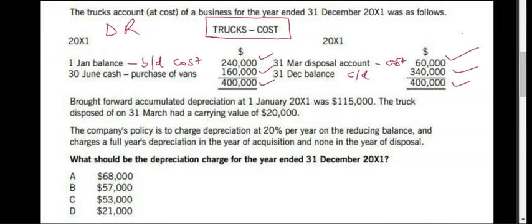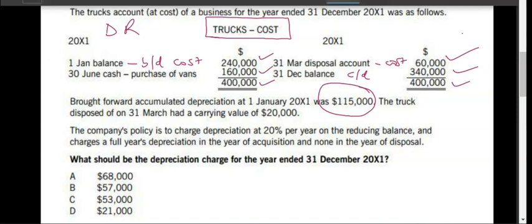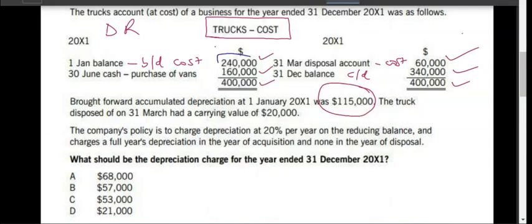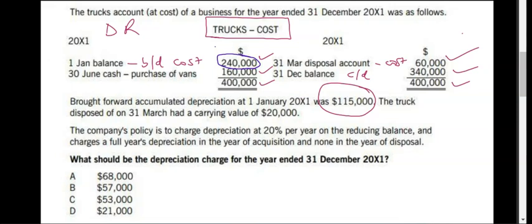Then the brought forward accumulated depreciation at 1st January 20x1 was $115,000. But I want you to see something here: this cost is not a result of taking into consideration this accumulated depreciation.